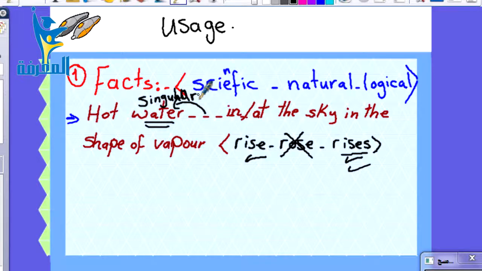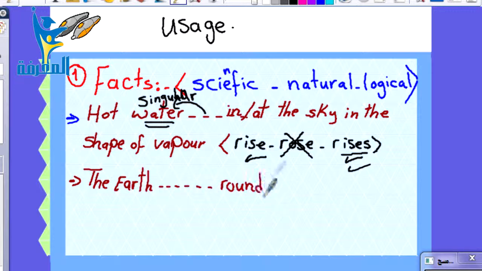Let's go to the second one. The natural fact. As all of us know, the earth goes round the sun. We have choices like go, goes, and went.